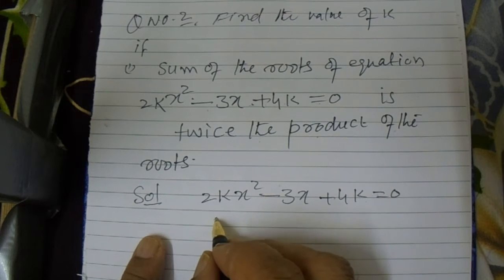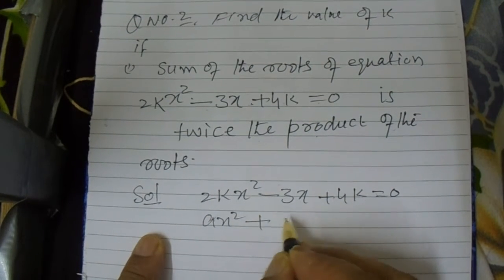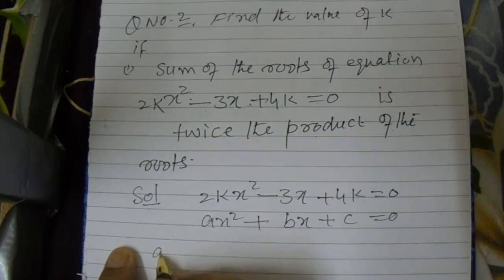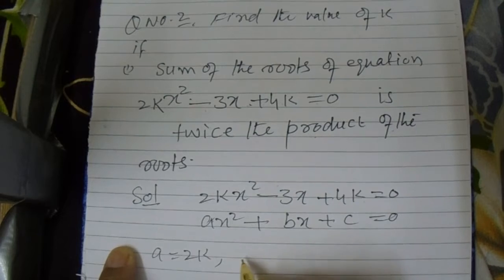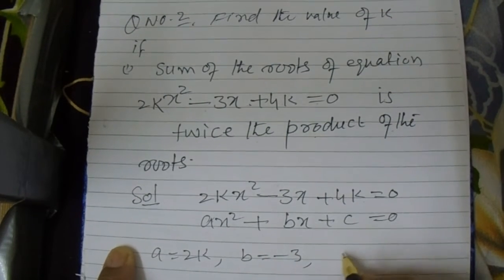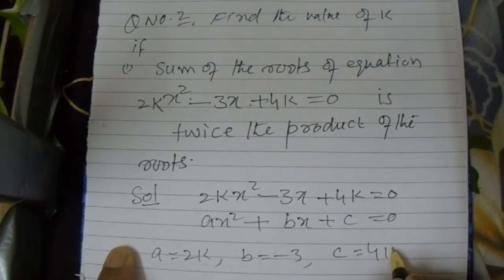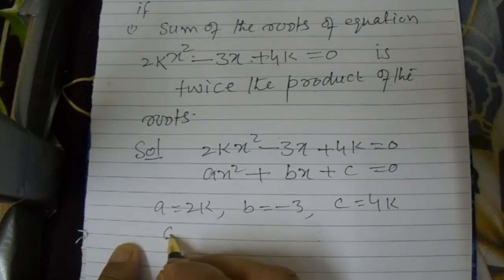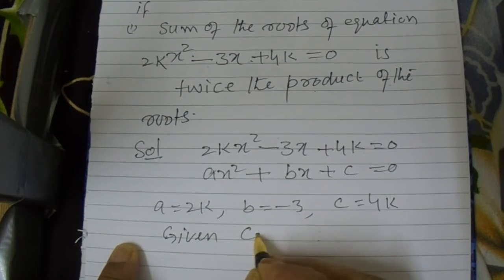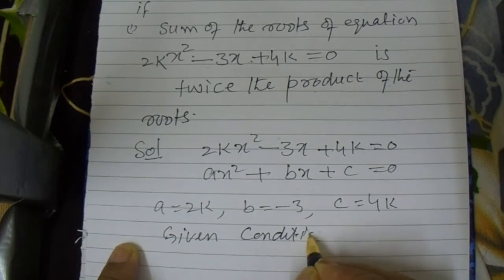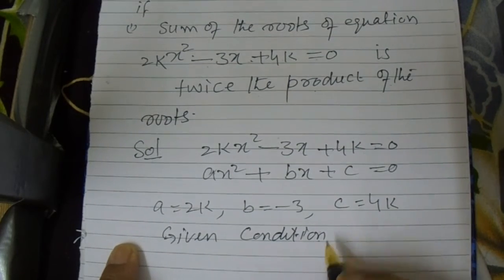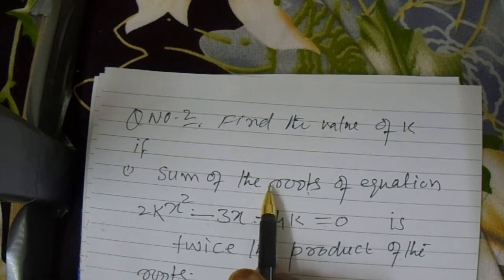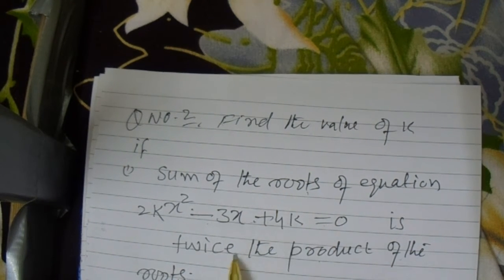Now we write ax² + bx + c = 0. Here a = 2k, b = −3, and c = 4k. Now, by the given condition: the sum of the roots is twice the product.